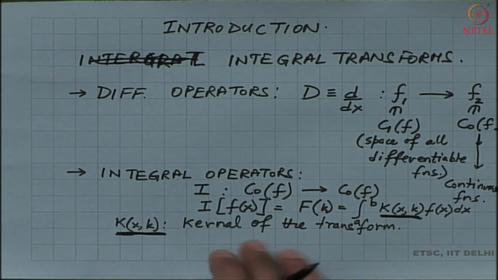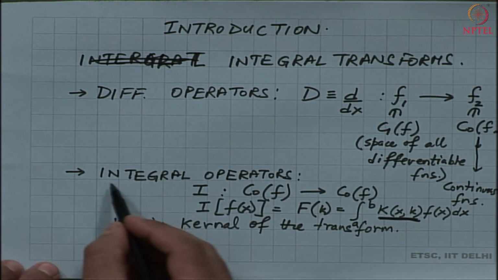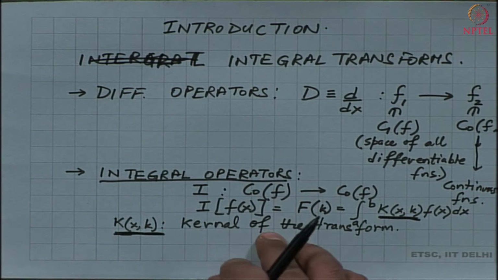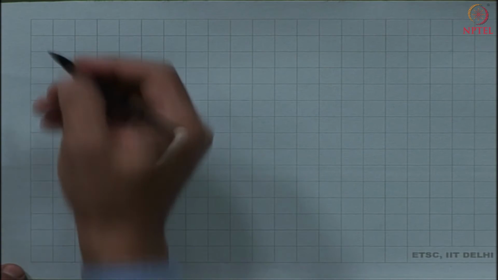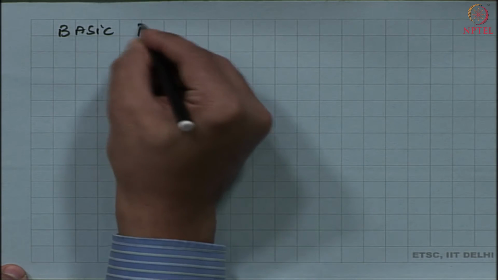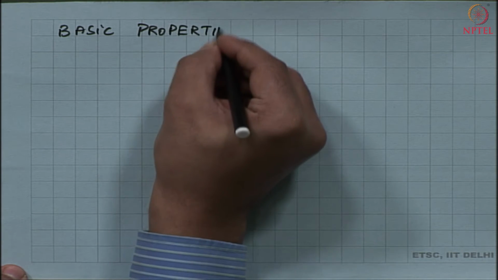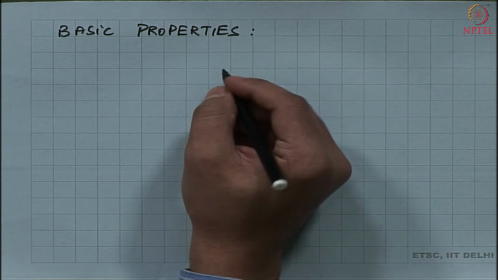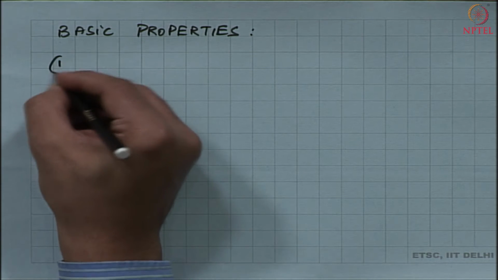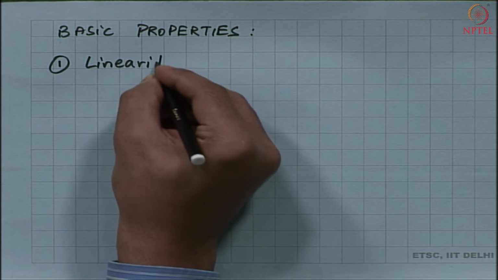So, let me just introduce a few more properties of integral operators. Some of the basic properties of these integral operators: the most basic property is that this operator is a linear operator.